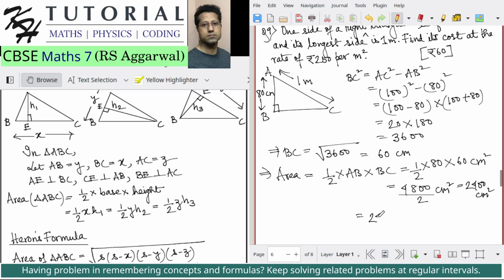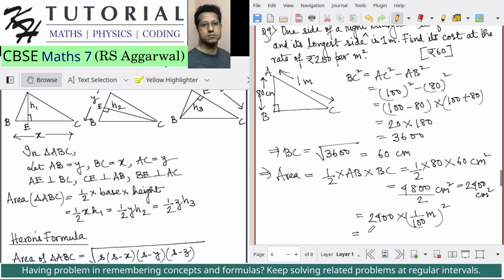So 2400 centimeter square means 1 centimeter multiplied by 1 centimeter. So this will be, since 1 centimeter is equal to 1 by 100 meter, this will be 1 by 100 meter square.